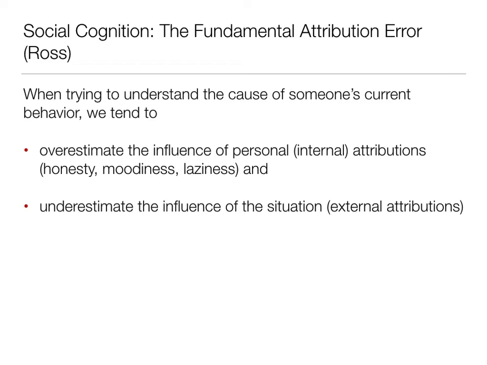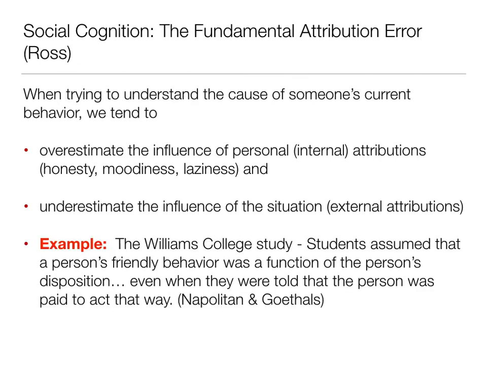We're more likely to overestimate the influence of these personal internal attributions, this person's just a jerk, than we are to say it's something about the situation or an external attribution, to underestimate that influence. For a research example, there was a study done at Williams College where students assumed a person's friendly behavior was a function of the person's disposition, these internal values.